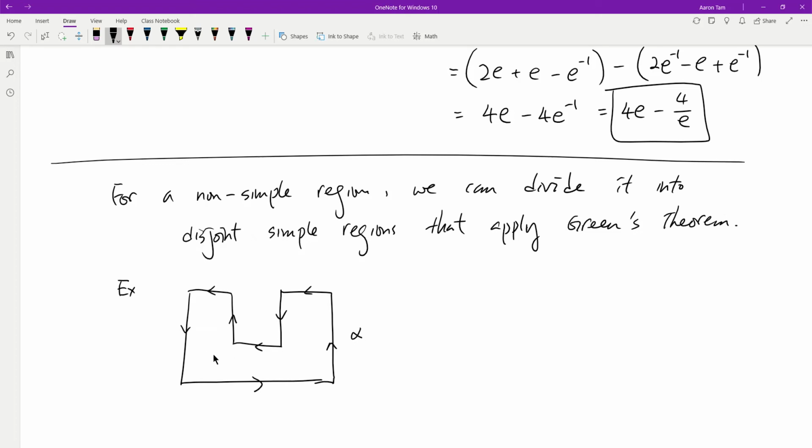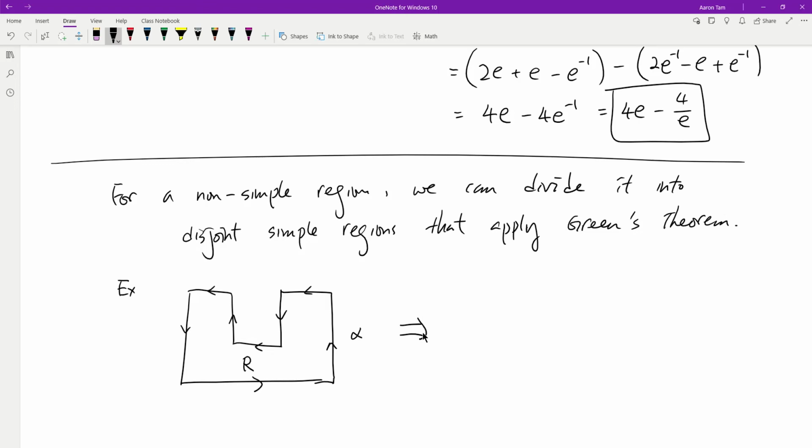And here's region R, basically this whole thing. Of course, this is a non-simple region because if I draw a horizontal line, you can notice that on the top part, I would intercept the boundary 4 times. So it's not going to work because it's not a simple region. But lucky for us, I can separate this into multiple smaller simple regions.